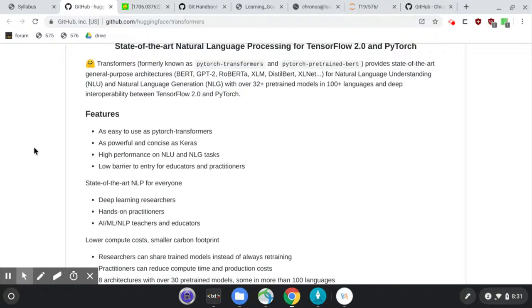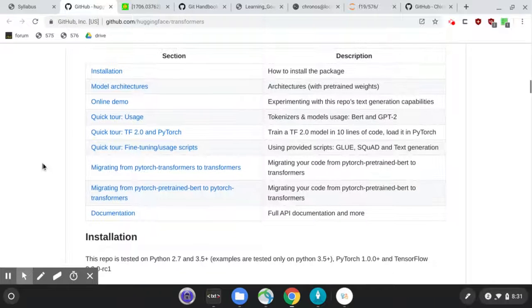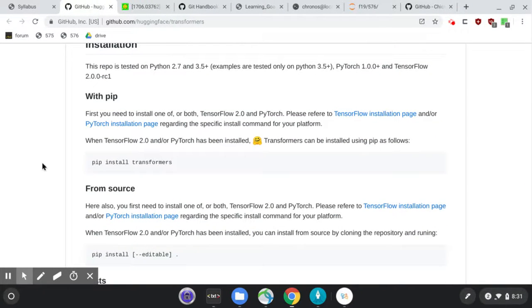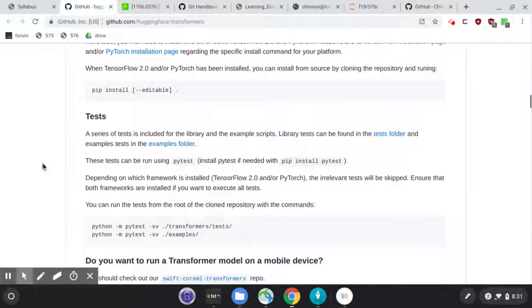These are general purpose architectures: BERT, GPT-2 by OpenAI, BERT by Google, and some by Facebook or other companies. There are many, in this case I guess 32 pre-trained models. It's good that many of these models are available. I don't know what the licensing is, but you can definitely use them in our class.